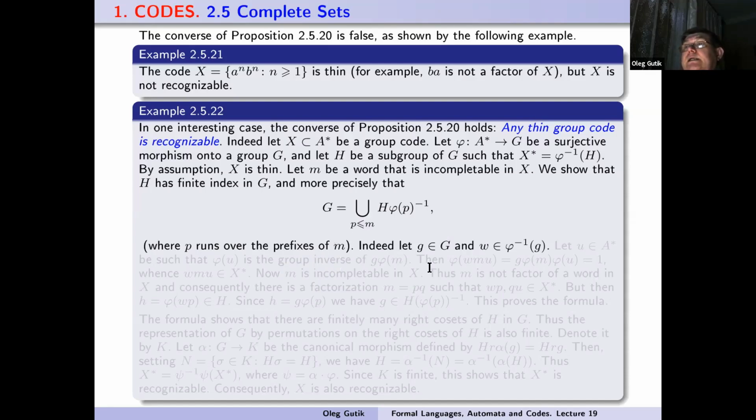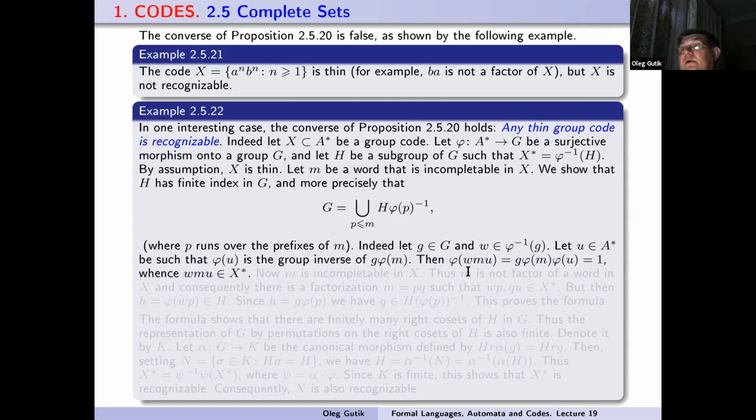Indeed, let g belong to G and w belong to the inverse image of phi of g. Let u be a word over the alphabet A star such that phi of u is the group inverse of g phi of m.